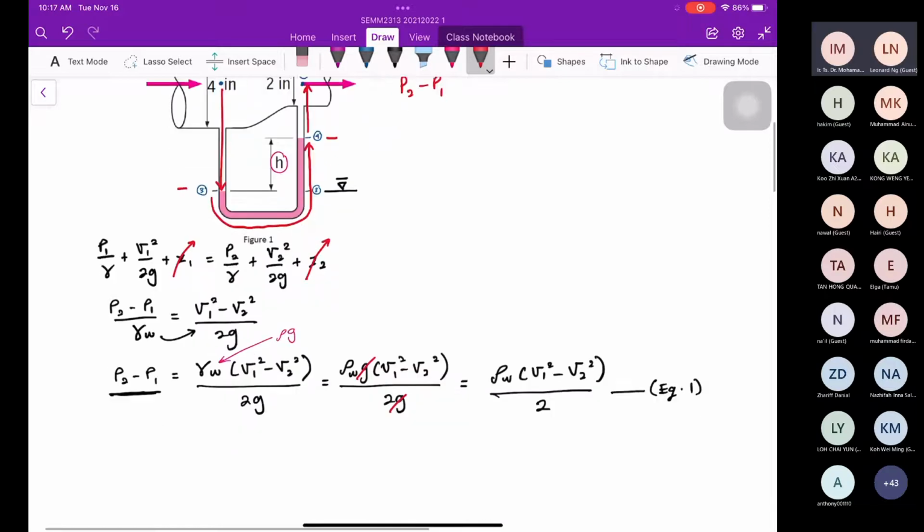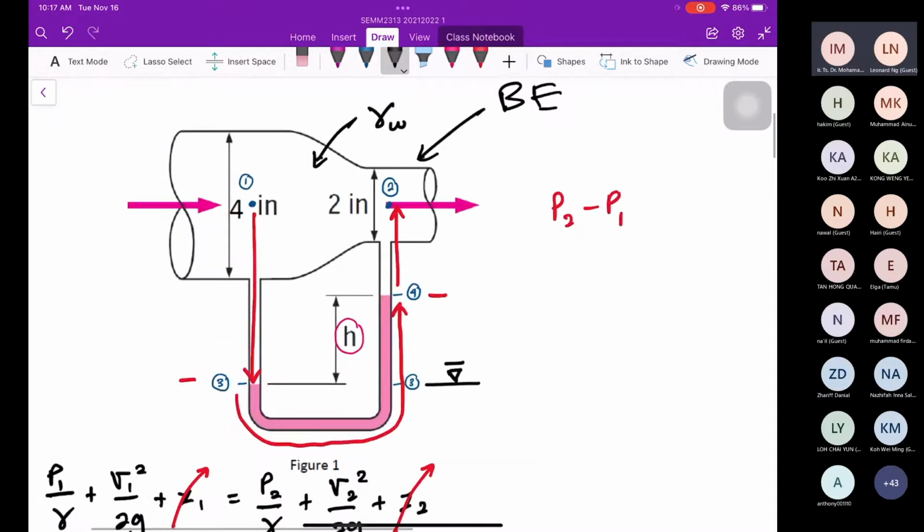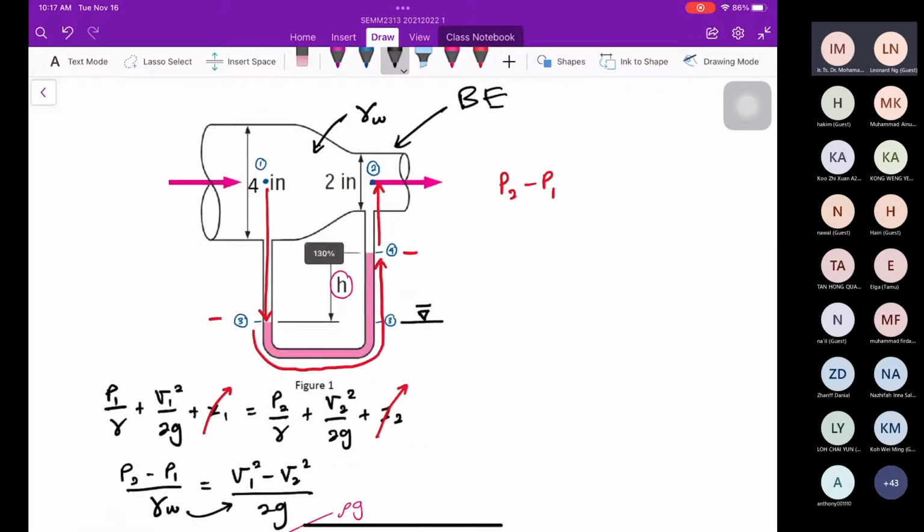So here I start with the manometer reading, P3 minus P1. Can you see this one? I want to go from 1 to 3. Please remember that the pressure at 1 is different from the pressure at 3 because this is water.